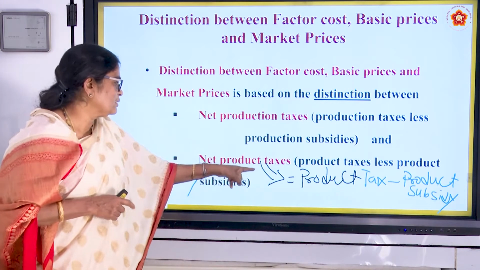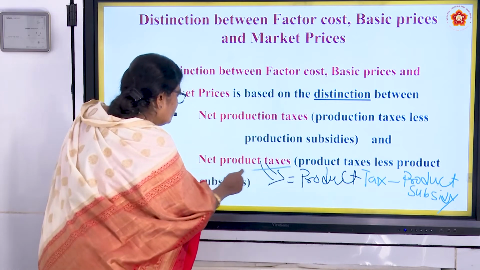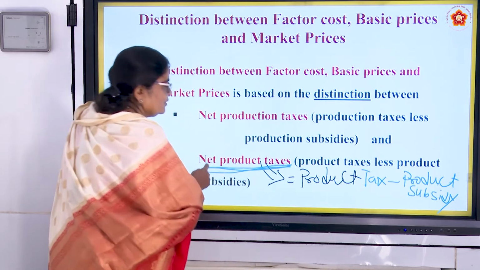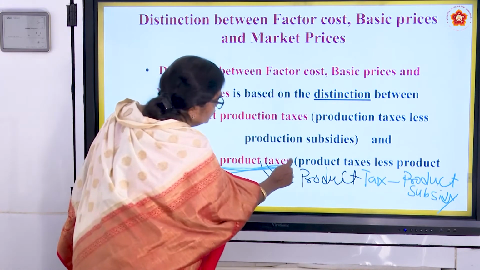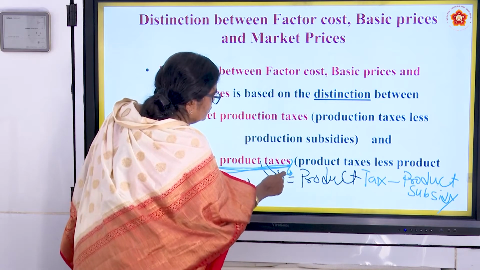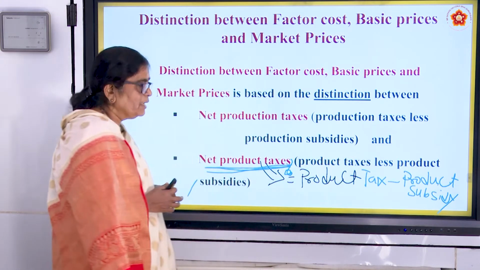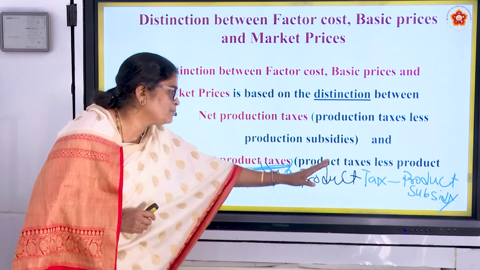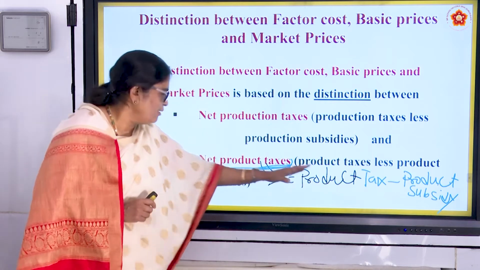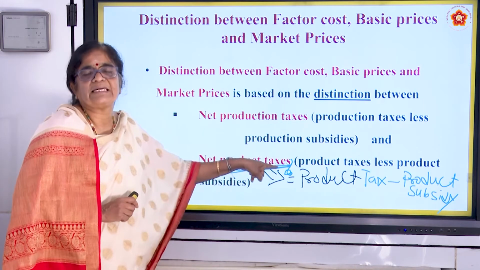Net product tax is equal to product tax minus product subsidy. When you deduct product subsidy from the product tax, we refer to it as net product tax.